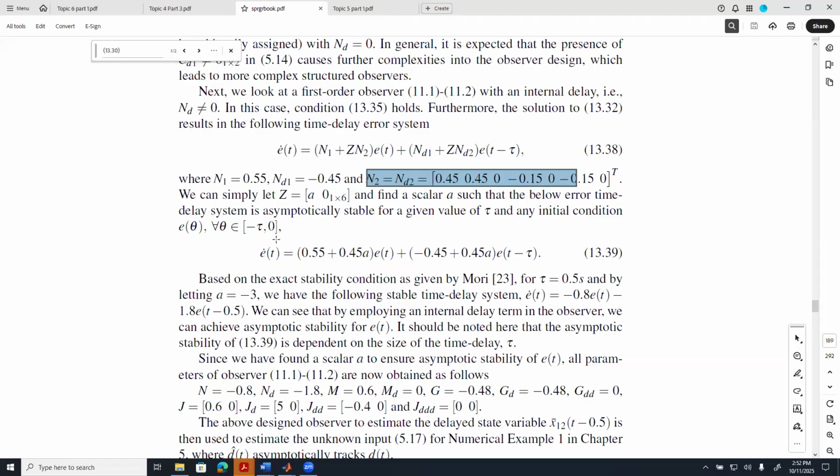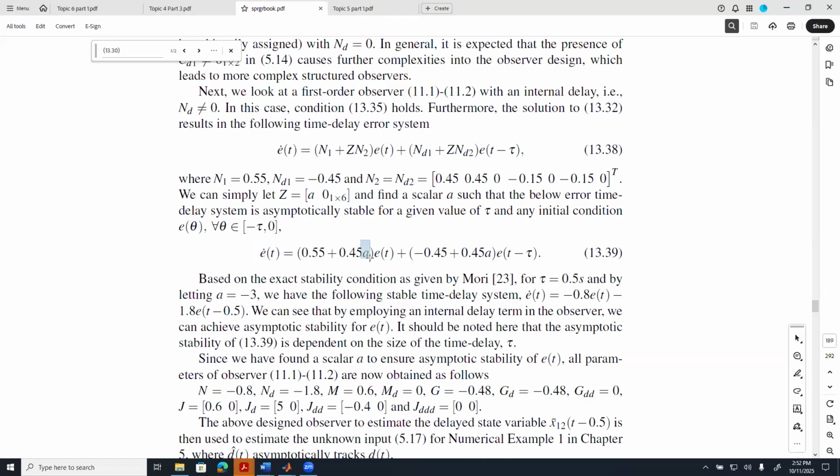How do we stabilize this time delay system for a given tau? Now, in this example, we did it for a time delay equal to half a second. So we are basically facing the stabilization problem.